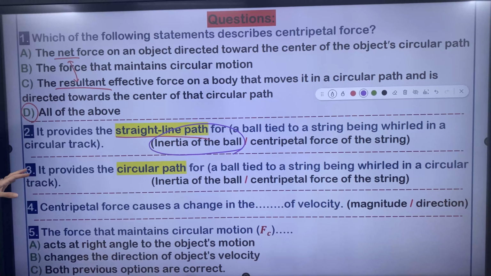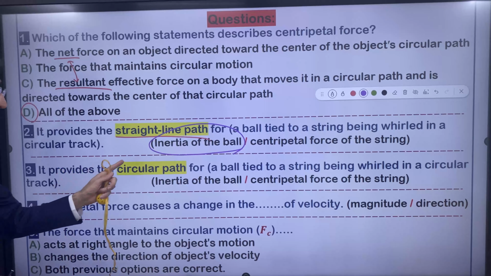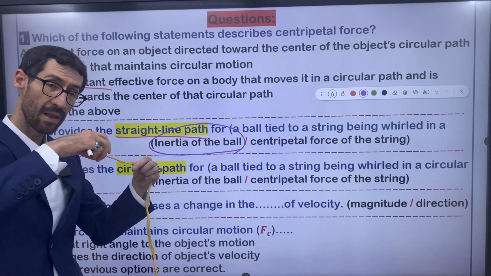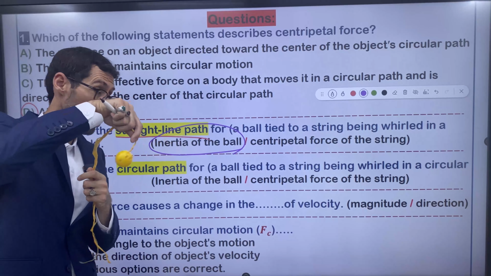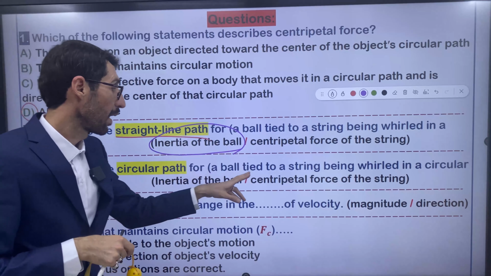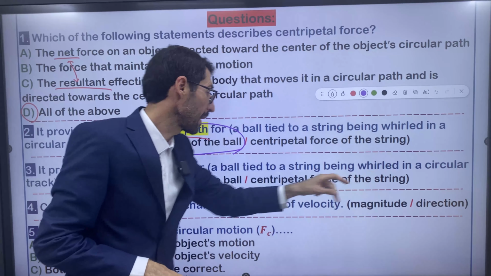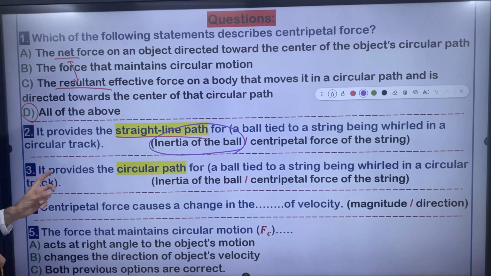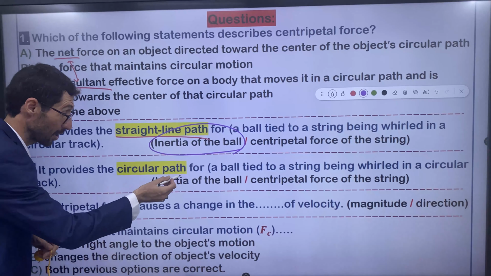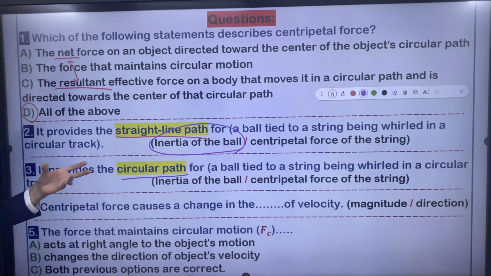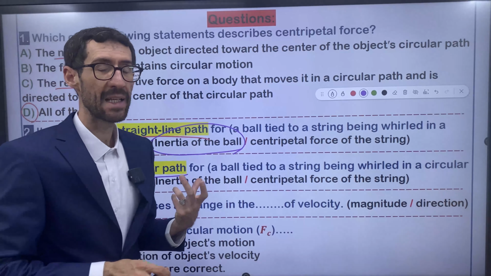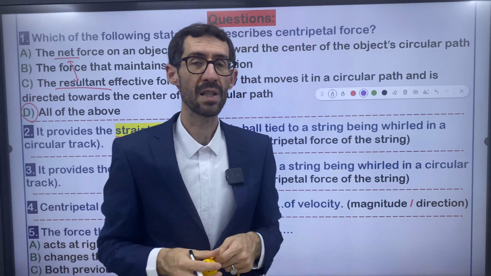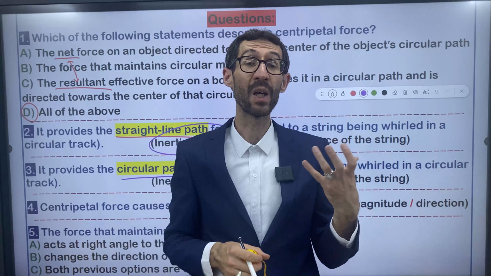Question number 3, it provides the circular path, right? It provides the circular path for this ball being whirled in a circular track. So I highlighted it again for you, circular path. I told you in the previous lesson, two factors vie with one another.